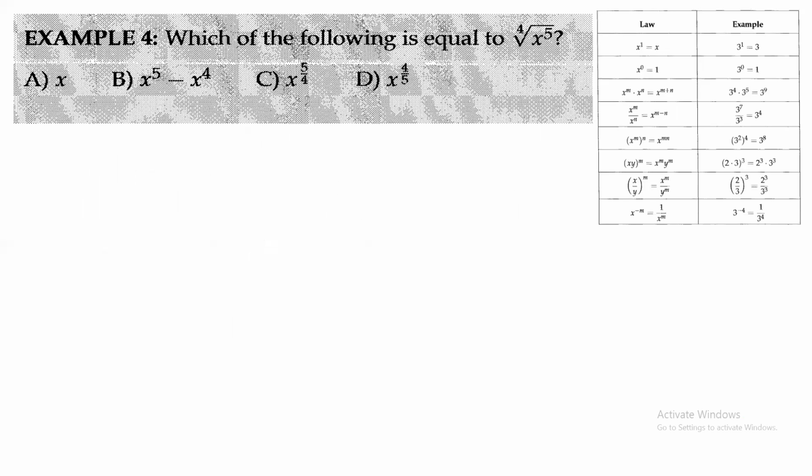Example number 4. Which of the following is equal to the root to the power 4, and under the root we have x to the power of 5? Let me show you a little trick with the radical. If we have any number, let's say x, and we have 2 spots.